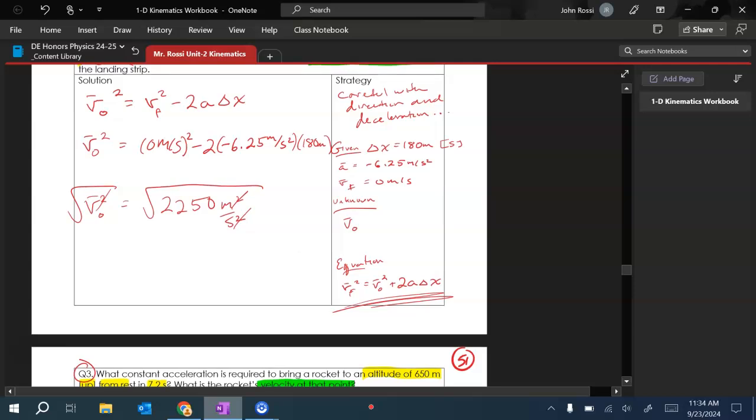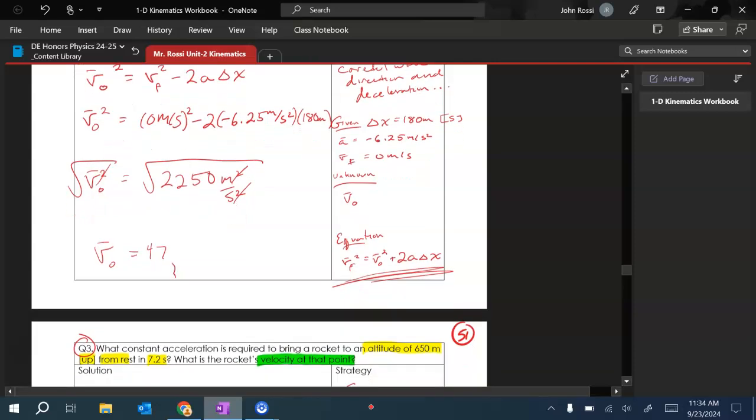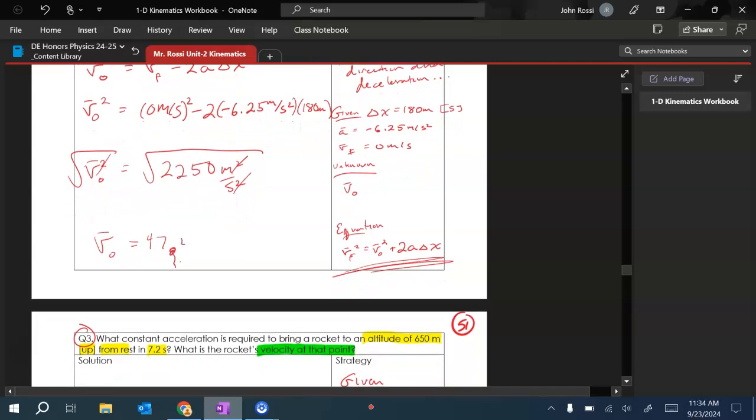So it's just going to be meters per second, which is good because we're looking for an initial velocity. So an initial velocity in the end is 47.43. Oops, 0.43 meters per second. And that's about 47 with our sig figs.